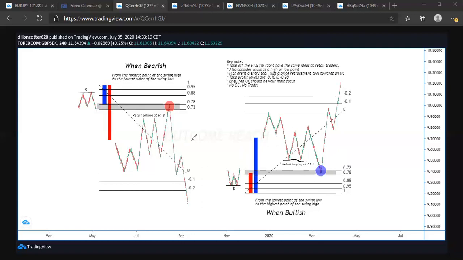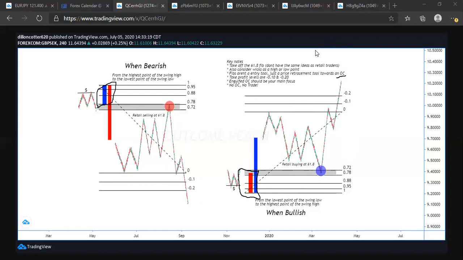They're either buying or selling in that 61.8 area just because it got to that 61.8 area. So I want to make that clear to not do that, right? It's not an entry tool. It is a price retracement tool towards your actual point of interest, okay?